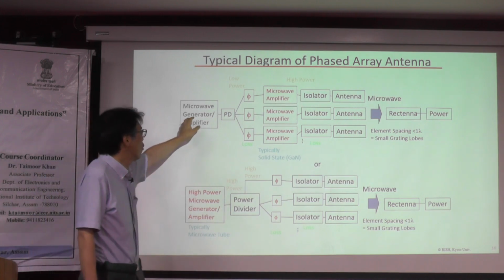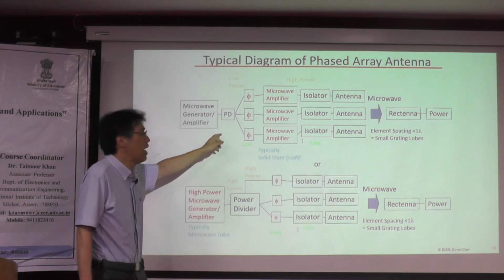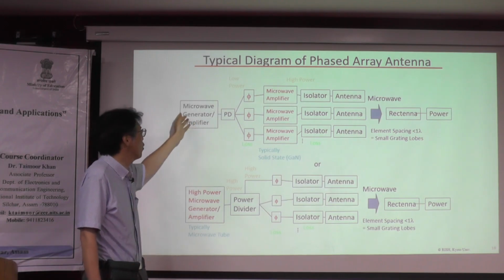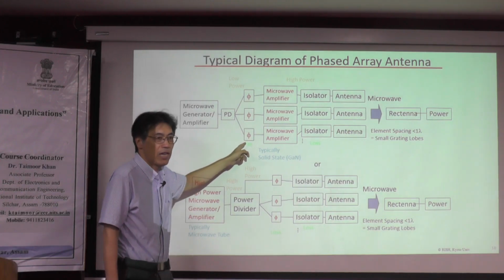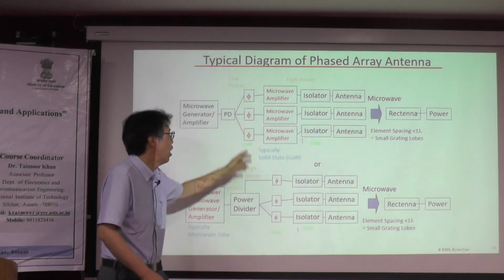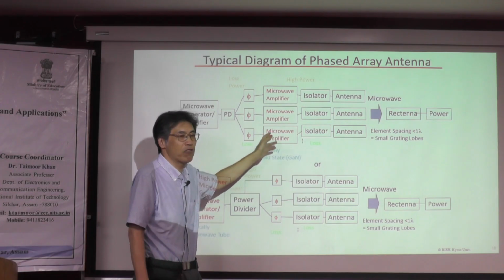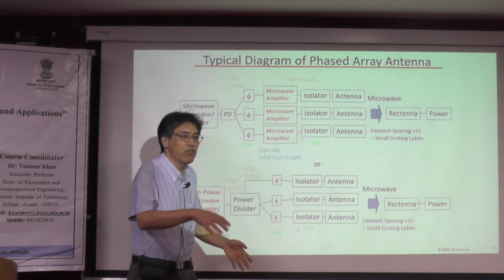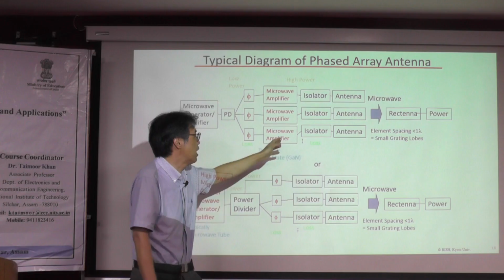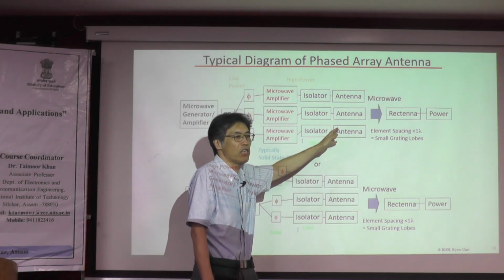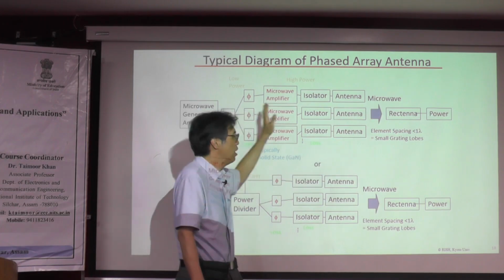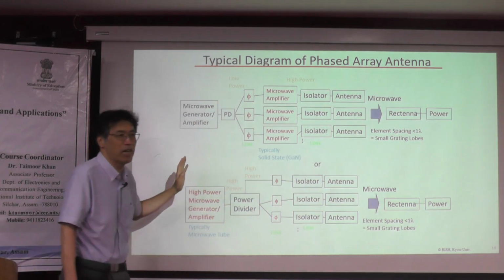We add the power divider, and after the small power generator, we add the phase shifter. After the phase shifter, we add the microwave amplifier to increase the total power and isolator, etc., and the antenna at the last stage. It's a typical phased array antenna.